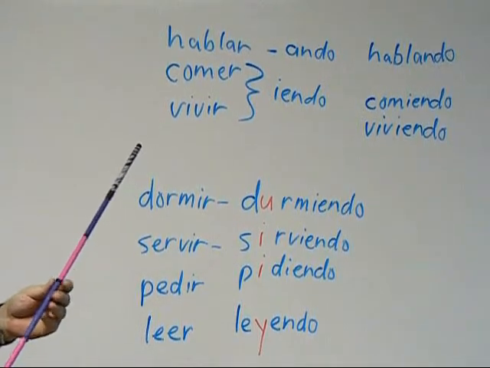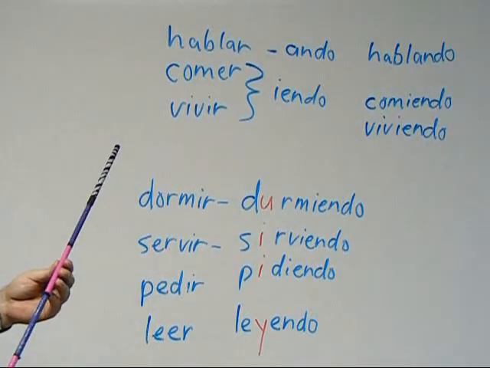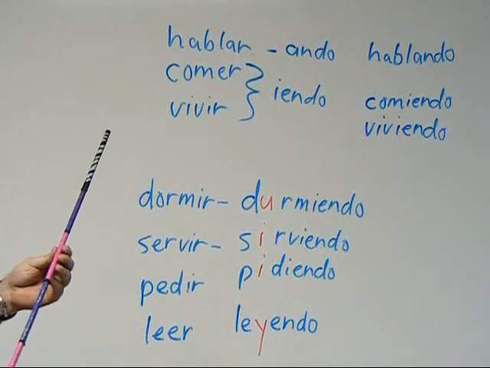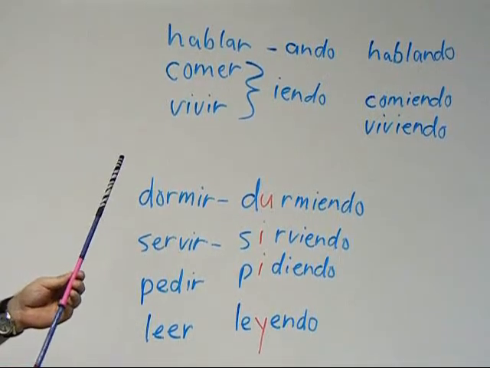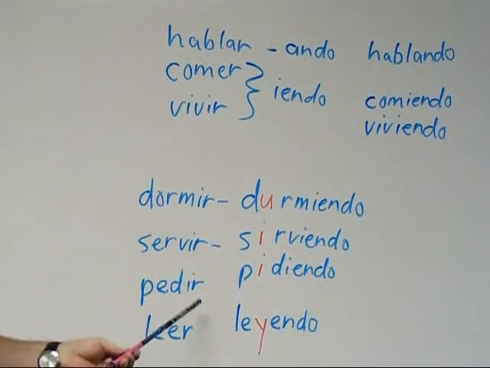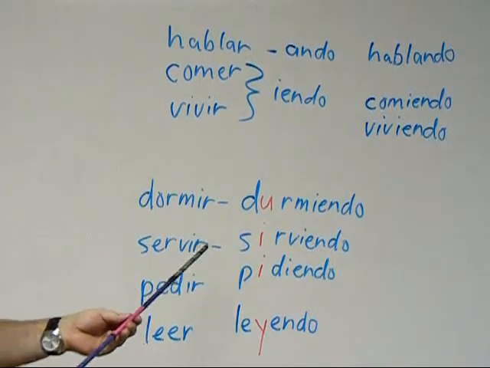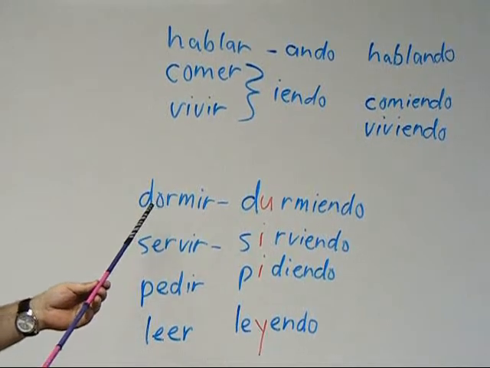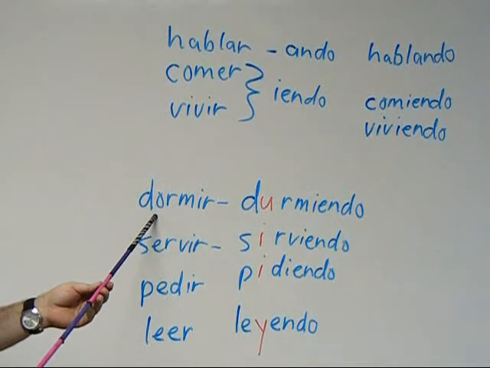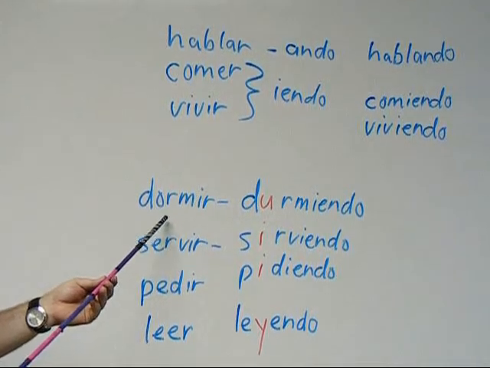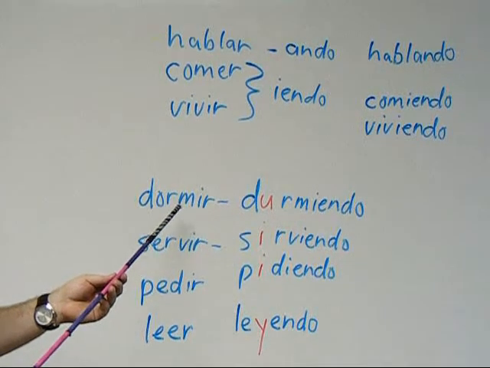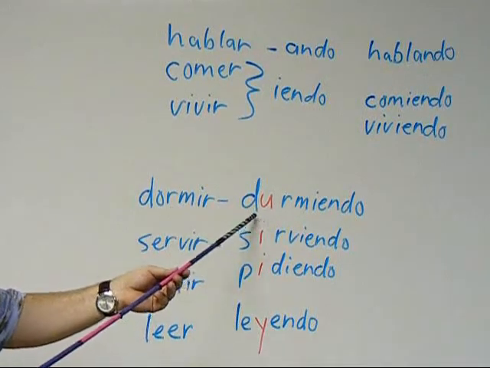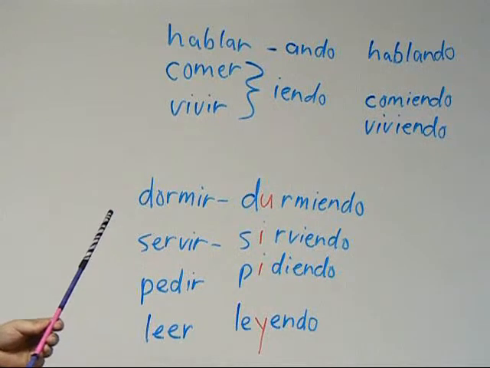In your book and out in the real world, you will also encounter some irregular present participles, some irregular -ing forms. Very commonly, the -IR verbs will have some sort of stem change in the present participle. For example, the verb dormir is O to UE in the present tense, but in the present participle it's O to U: durmiendo, for sleeping.